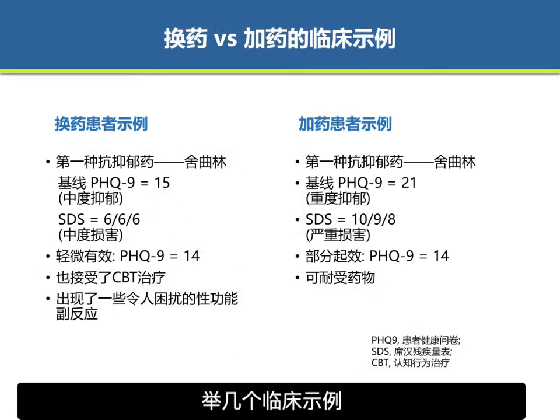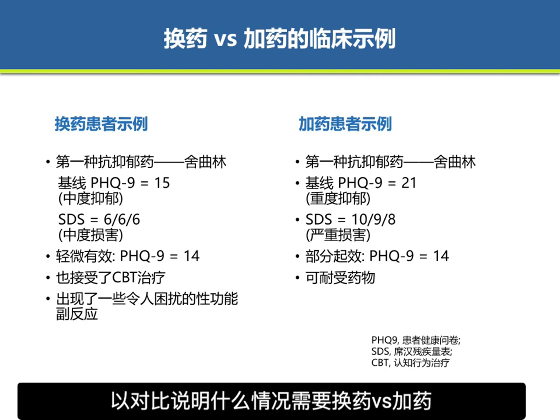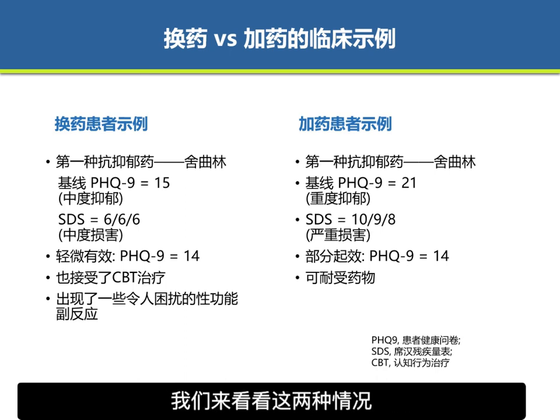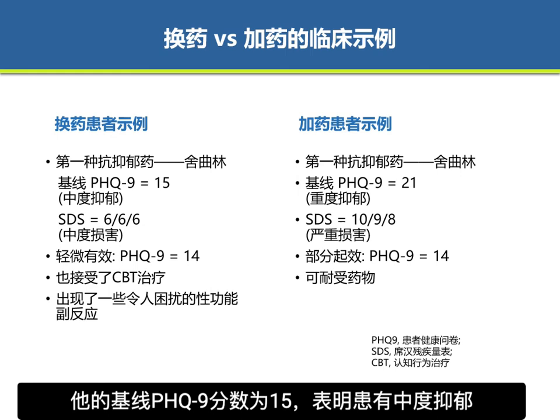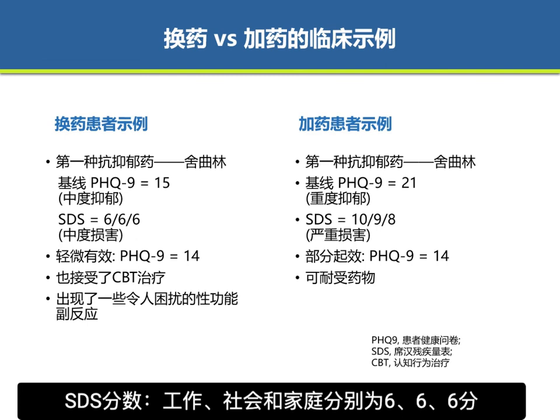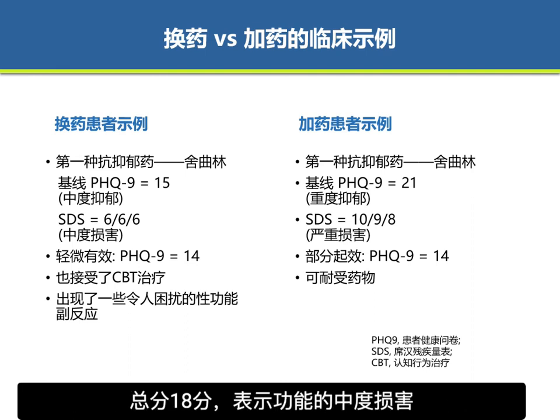To give some examples of clinical scenarios for when you would switch versus when you would add on an adjunctive agent, let's look at these 2 scenarios. In the first scenario, we have a patient who's taking sertraline. Their baseline PHQ-9 score is 15, which indicates that they're moderately depressed. Their Sheehan Disability Scale scores were 6, 6, and 6 in each of the work, social, and home domains for a score of 18, which indicates moderate impairment in functioning.